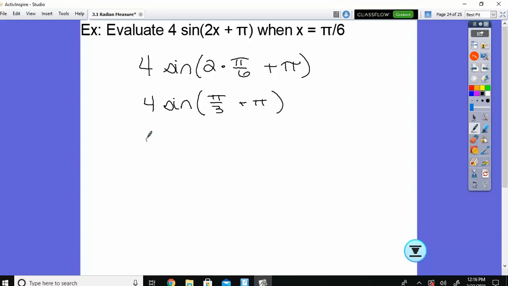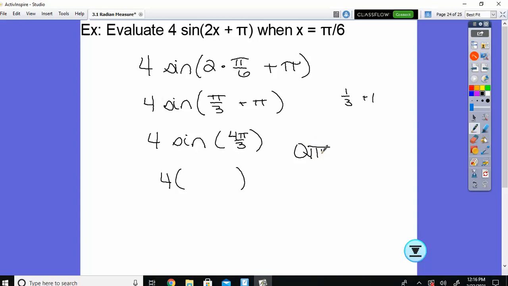Plus pi. Just a word of advice, if you get hung up on these fractions, you can use your calculator, but don't do the pi. Just do like 1/3 plus 1, and then tack the pi back on your answer. So it's sine of 4 pi over 3. Okay, what quadrant is 4 pi over 3 in?